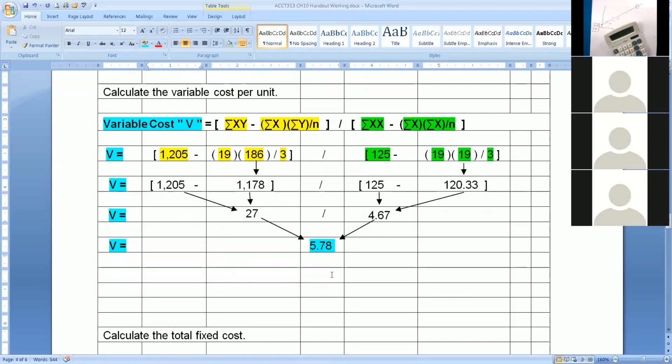This is the variable cost per unit, and this is our best estimate of the variable cost per unit. I write that in.